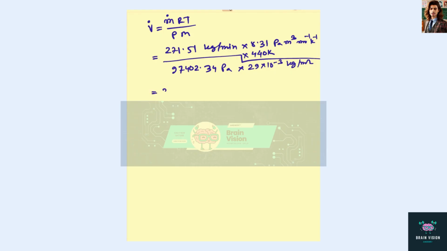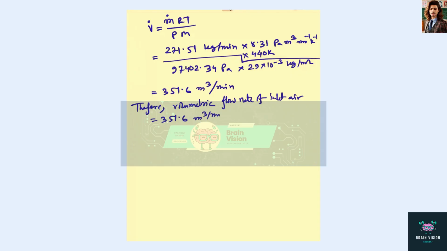Now if we do this calculation, we will get 351.6 meter cube per minute. Therefore, the volumetric flow rate of the inlet air is 351.6 meter cube per minute.